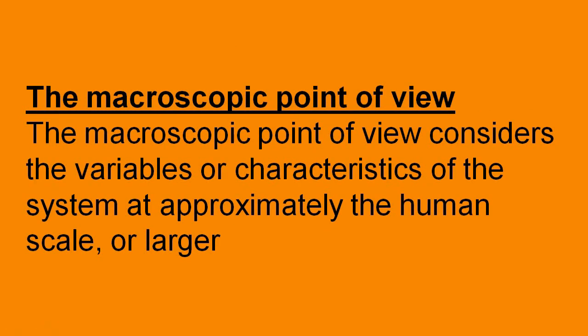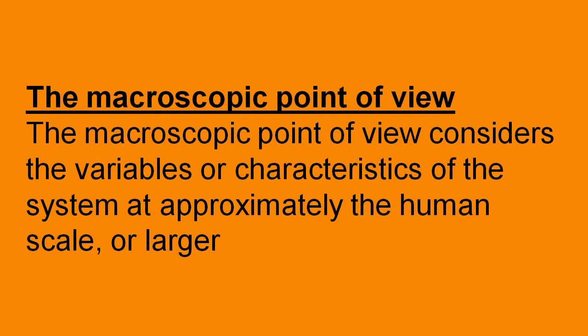In the macroscopic point of view, we consider the variables or characteristics of the system at approximately the human scale or larger. That means you will consider a system as a whole and not as its individual particles or molecules.